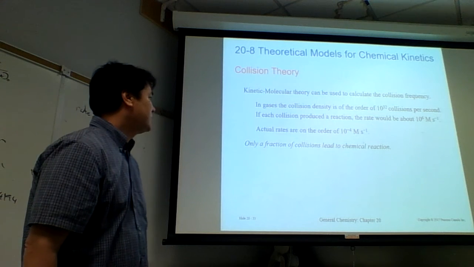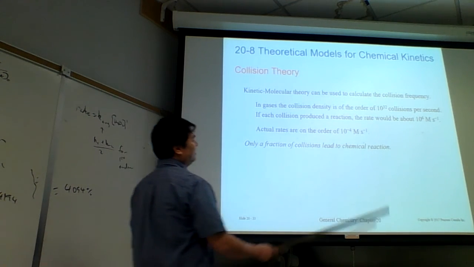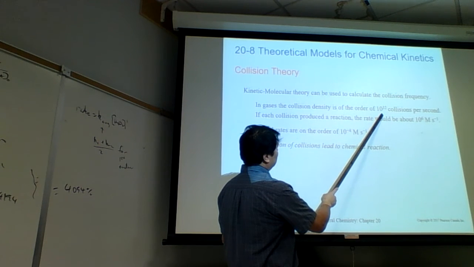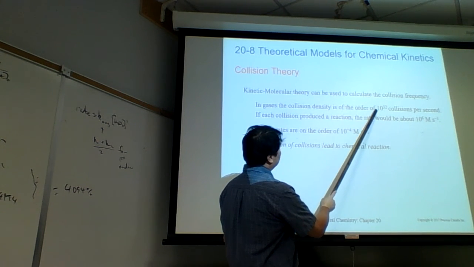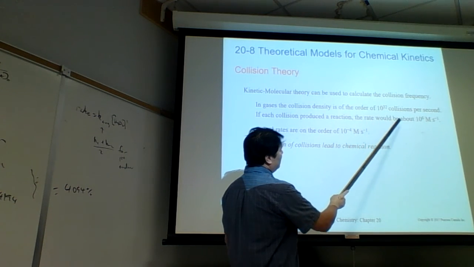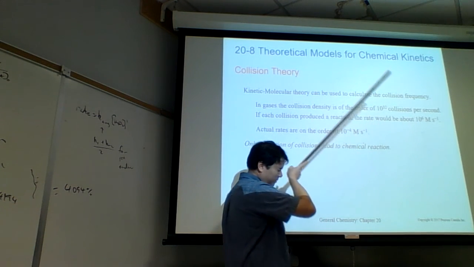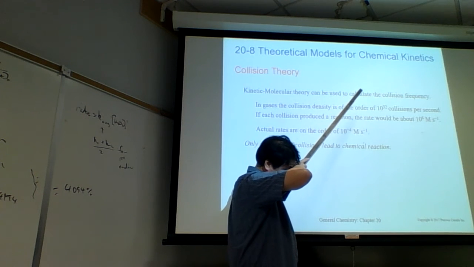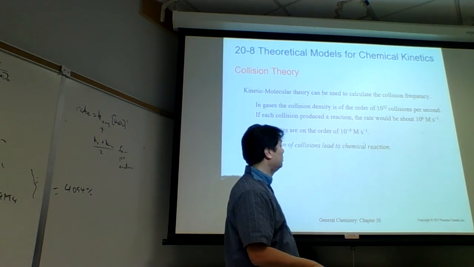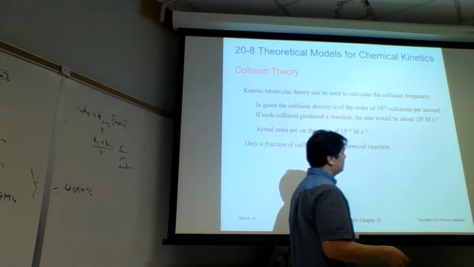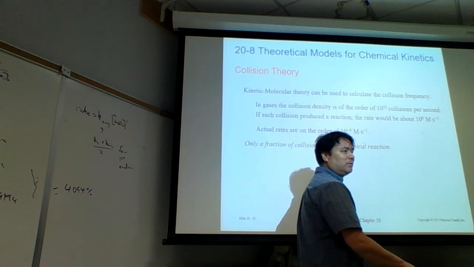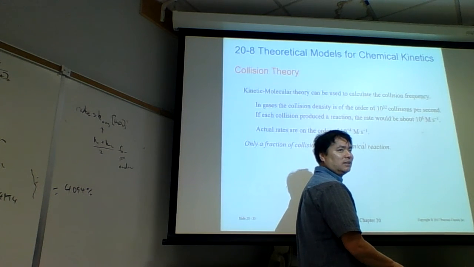It turns out that even though there are 10 to the 32 collisions per second, if each collision produced a reaction, the rate would be 10 to the 6 moles per second. If you look at all the molecules as a whole, we're looking at 1 million moles per second. Can you imagine something reacting at 1 million moles per second?